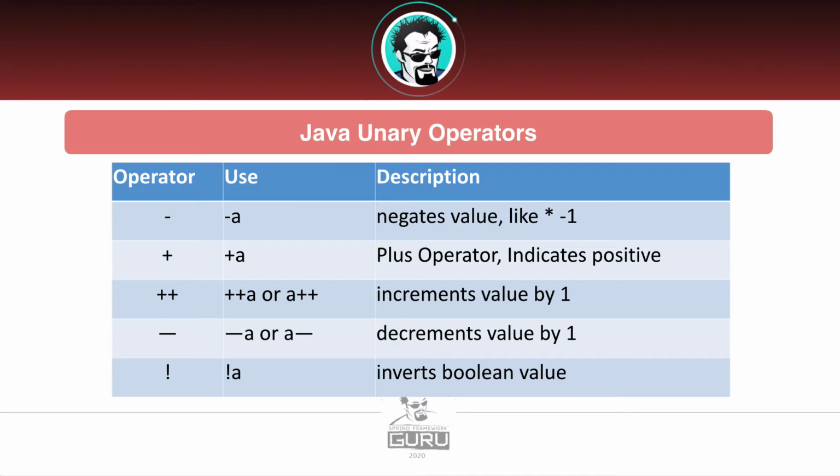If it is after, the statement is going to be evaluated first with the current value of that variable. Then after that statement is evaluated, the variable will get changed. Very important to realize: before, the variable gets changed before the statement. If after, the variable gets changed after the statement.